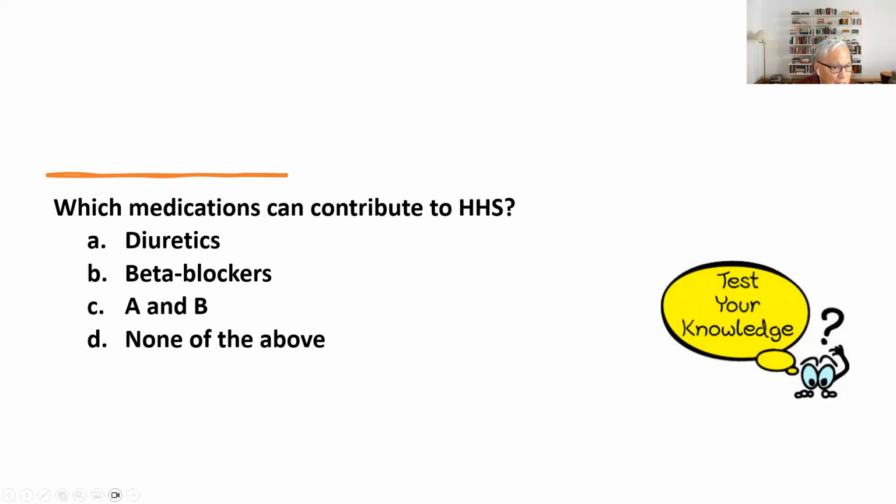So I wanted to emphasize that thiazide diuretics and beta blockers are both going to decrease the secretion of insulin. So they would predispose a patient to these complications of diabetes.